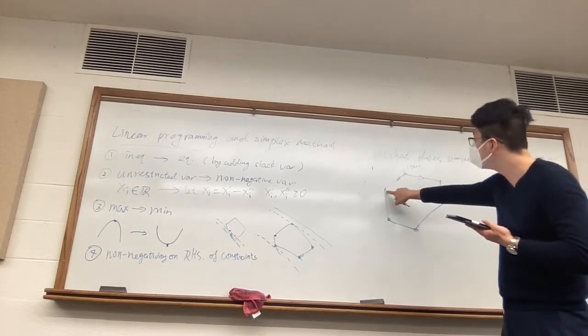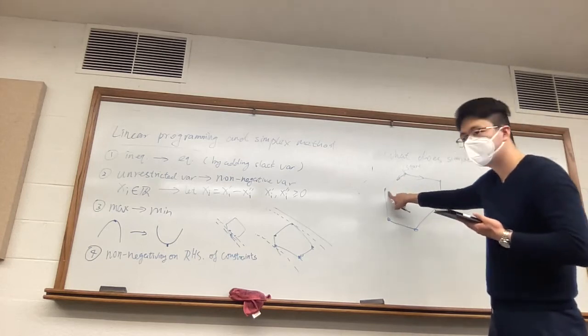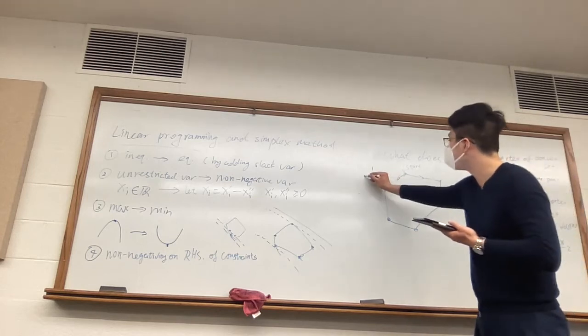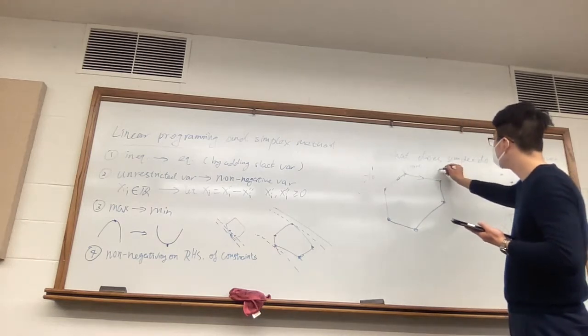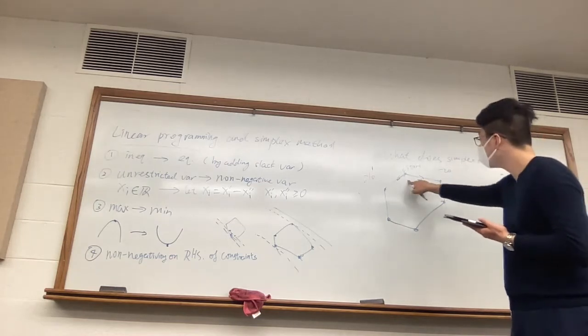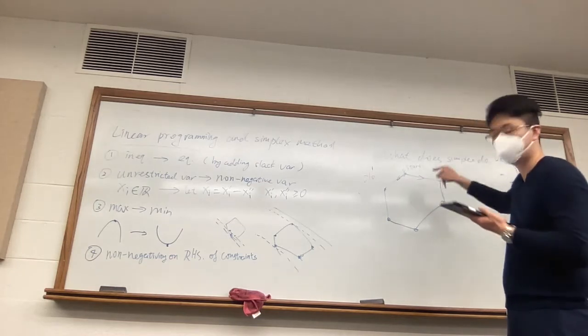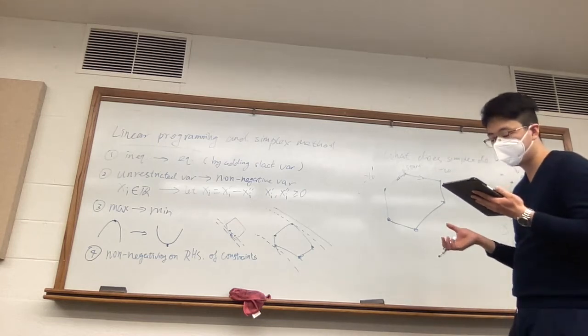However, if you go to this one, it decreases the value of the objective function by 10. And if you go to this one, it reduces it by 20. Then which direction do you go? You go along this direction because it improves your objective function the most.